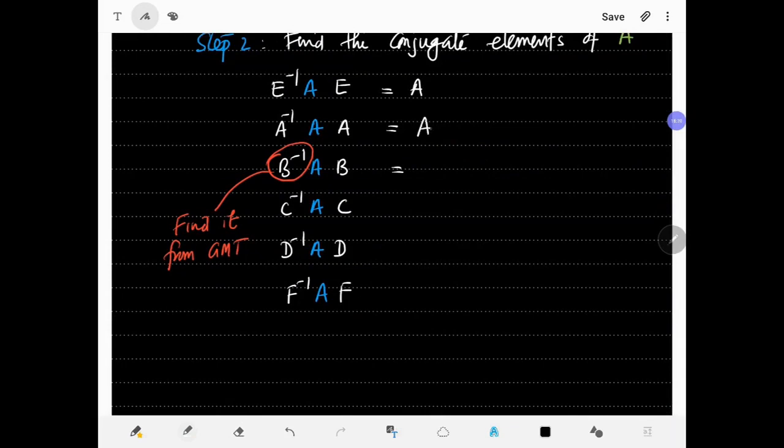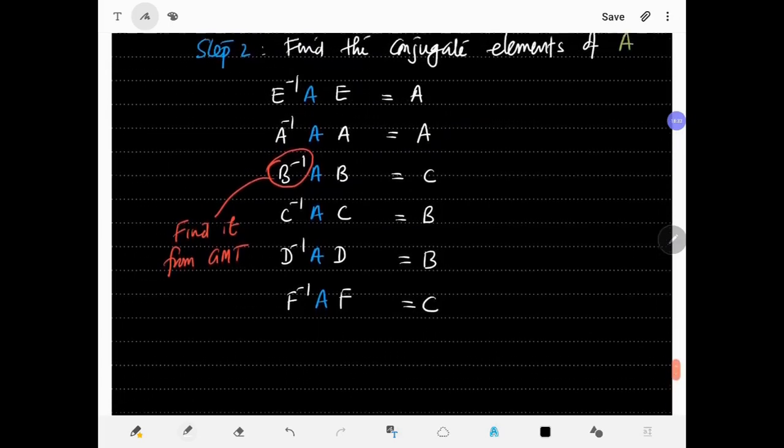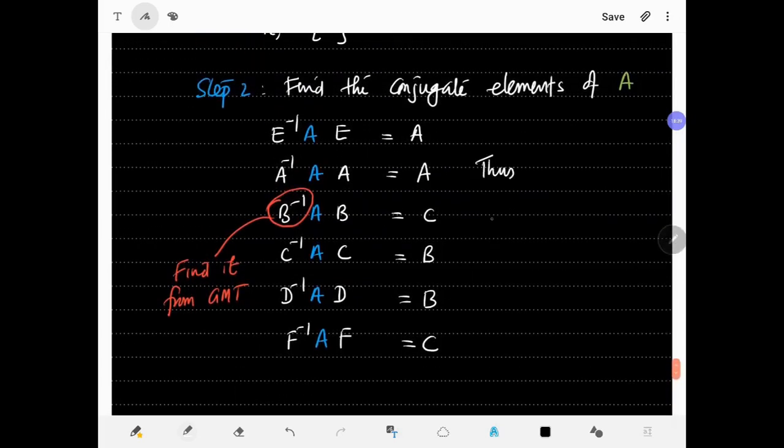First one is A, second one is A, third is C, fourth is B, fifth is B, and sixth is C. We have got three elements, that is A, B, and C. And this confirms that the elements A, B, and C form a separate class.